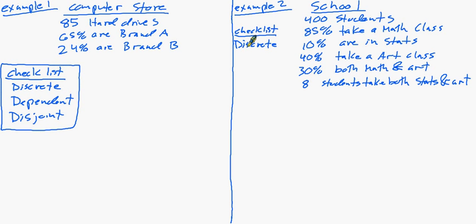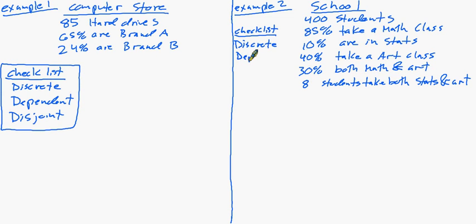Now, dependent or independent. Again, if we randomly select one student, then another student, will the probability for the second student change depending on what happens with the first? The answer is yes. We have a finite number of students, 400. So if you remove one, it's going to change those numbers around a little bit.